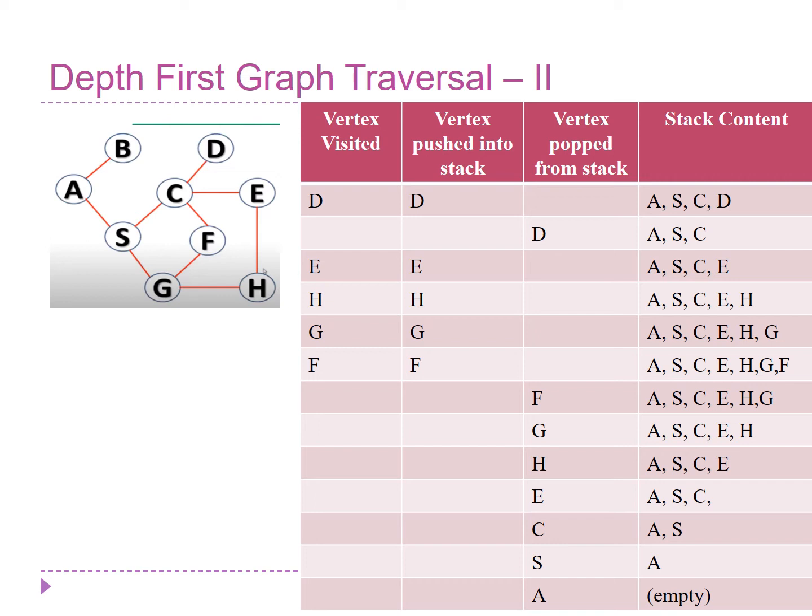A being the starting vertex and the stack being empty, the depth first traversal considers all the vertices in the graph as traversed.